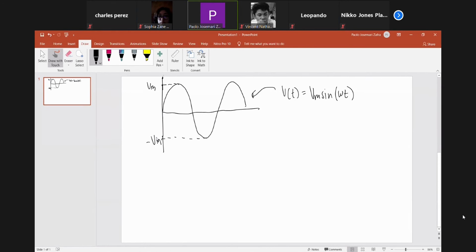Okay, so we can generalize this, diba, including the phase shift of a certain sinusoidal signal. So for example, V of t could be equivalent to Vm sine omega t, for example, plus phi. So one of the main tools that we'll be using in trying to analyze AC circuits is again the frequency domain, diba?